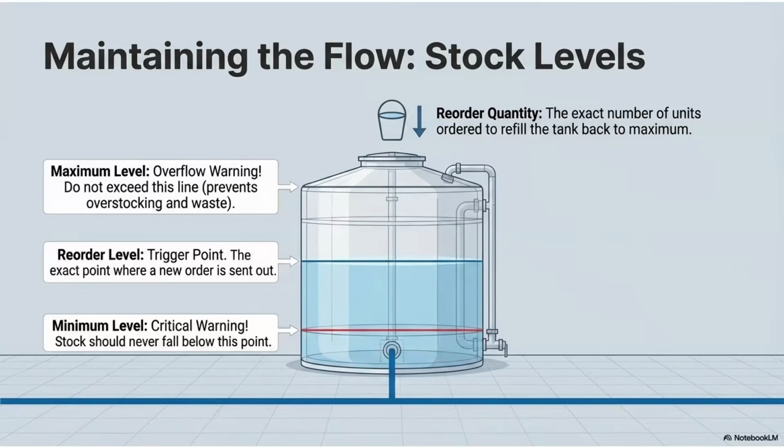If something is wrong, it should have reordered from before. Your maximum level is the maximum amount you should have on stock at a point in time. You should not cross that level because you might end up with wastage or overstocking, which could increase your costs.